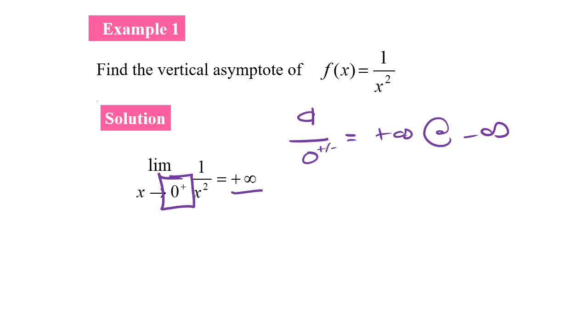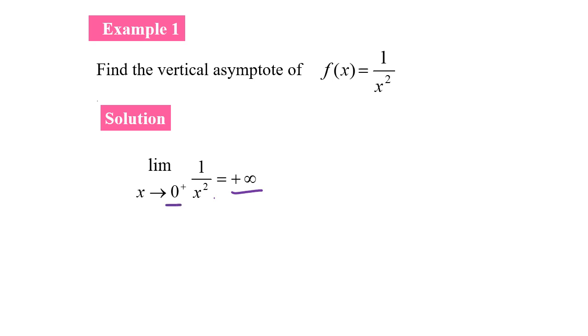So we have to check the denominator. How can the denominator be 0? For this example, the denominator is 0 when x squared equals 0. So x approaches 0. The limit of the function 1 over x squared as x approaches 0 from the right side: if we just substitute the value, it will be 1 over 0 squared.